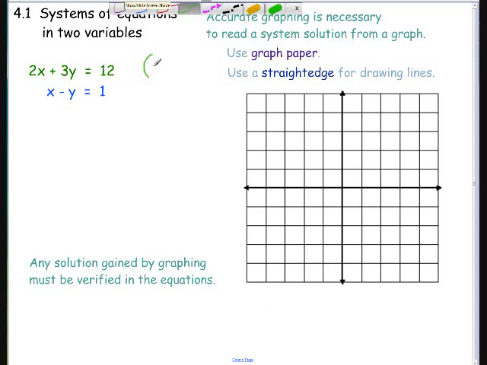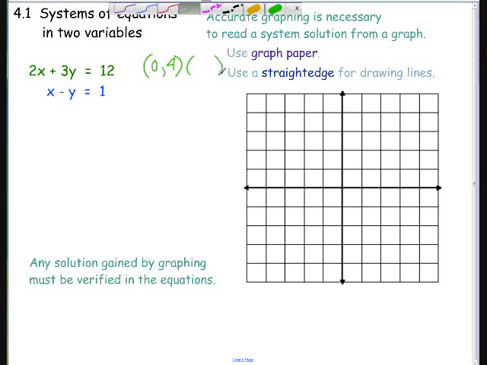When x equals 0, what will y equal? Well, that would zero this out, and I'd have 3y equals 12. Divide both sides by 3, y is 4.